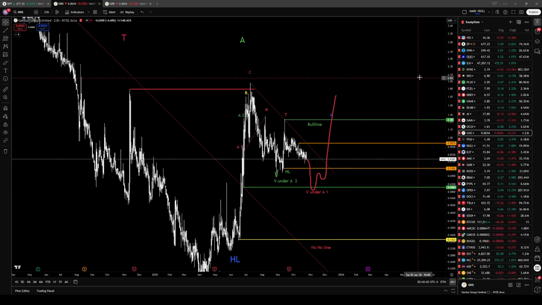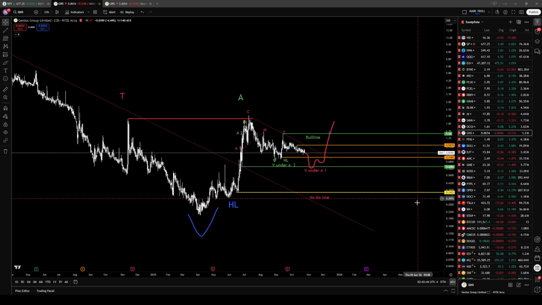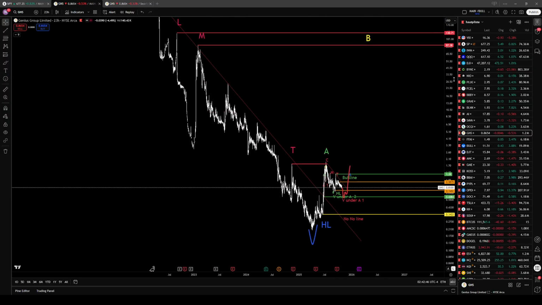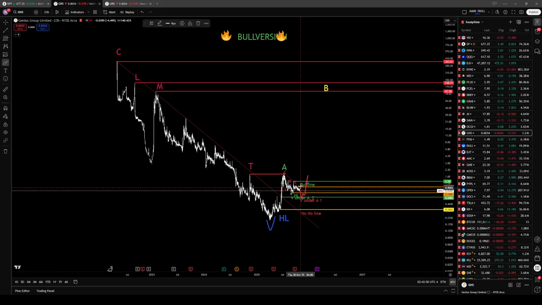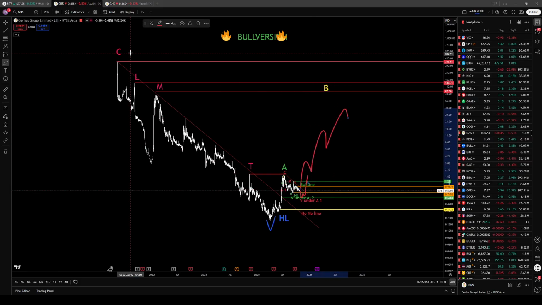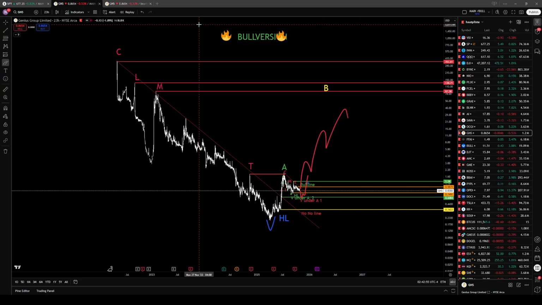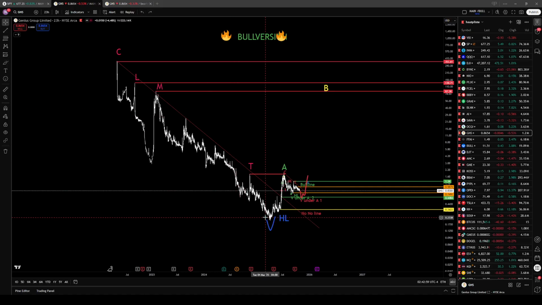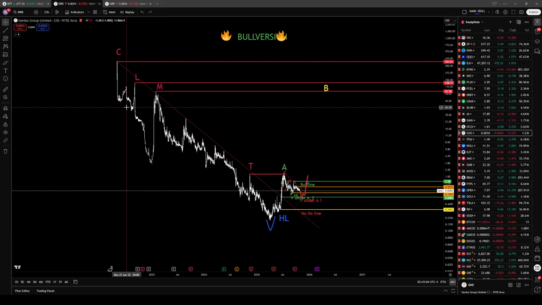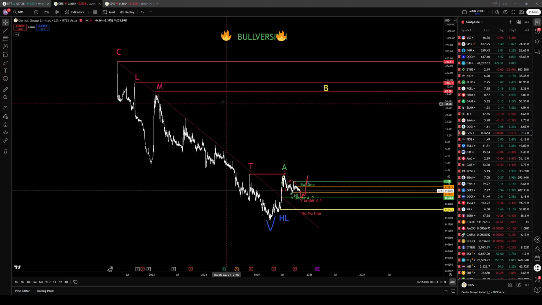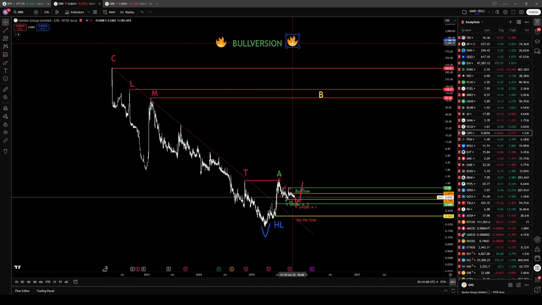But let's look. Just a little warning, that's also a pretty risky play. But normally, if this thing is finished, you won't see these little ABCs. You will just see V high low go, V high low go. This is not a small mover, but either way, it looks finished.